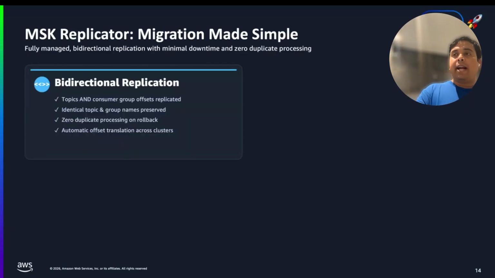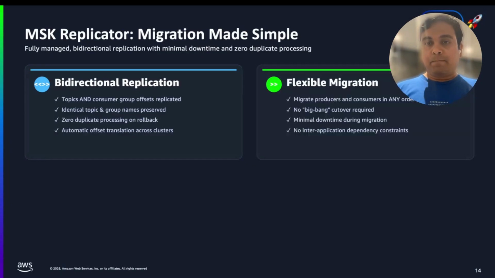And it supports bi-directional replication. That means you can move data from source to target and from target to source. It automatically takes care of the offset translations and replicates the topics and the data and the metadata associated with them.